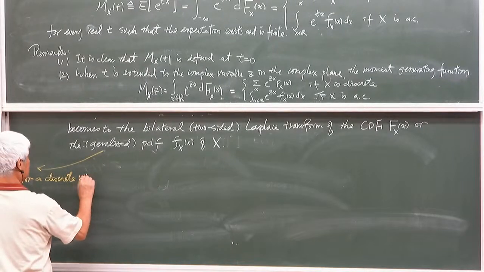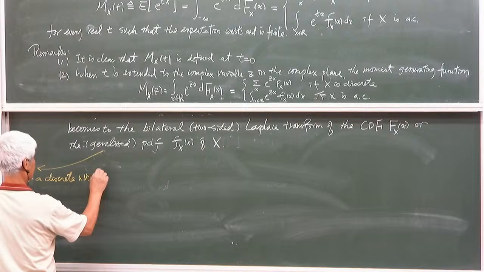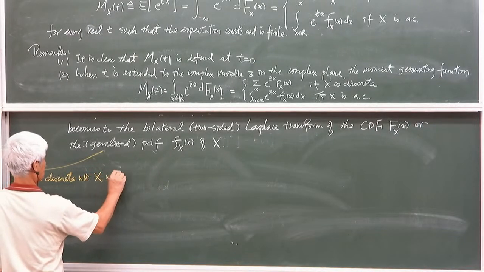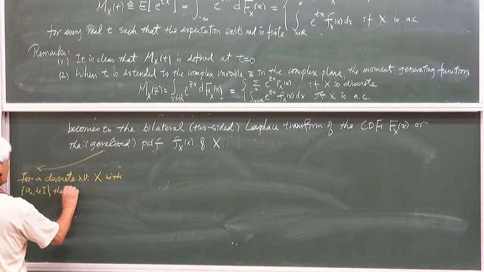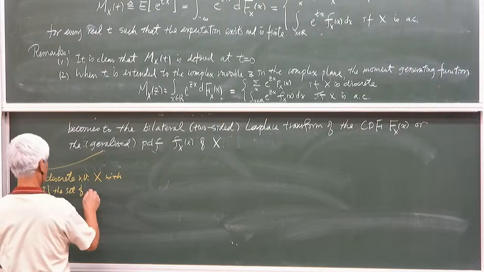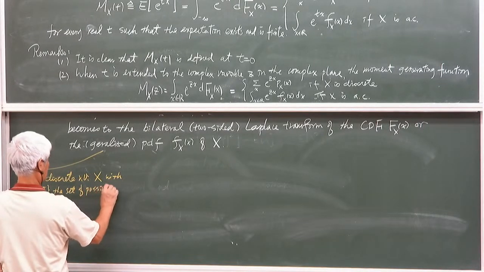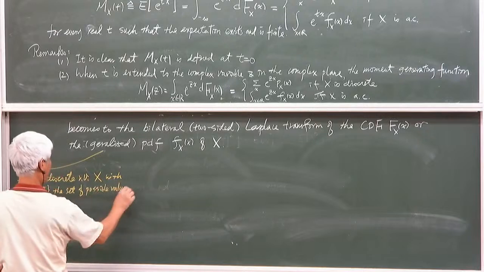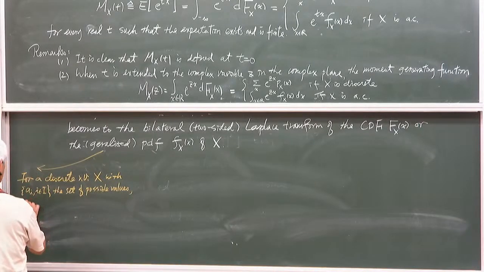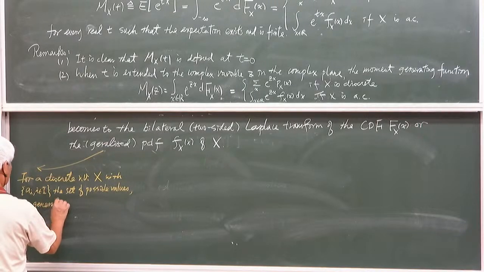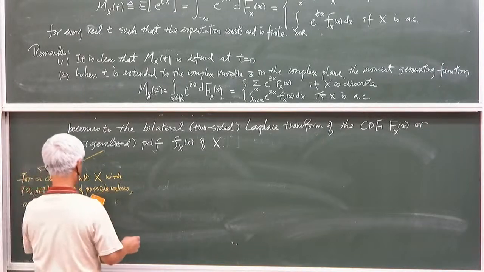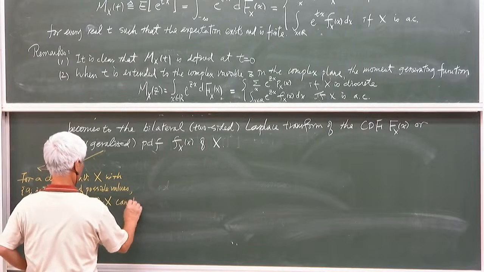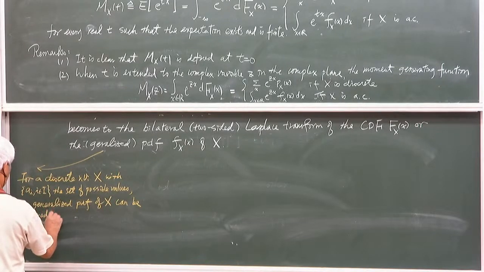For a discrete random variable X with values a_i, the set of possible values, a generalized PDF of X can be defined as here.